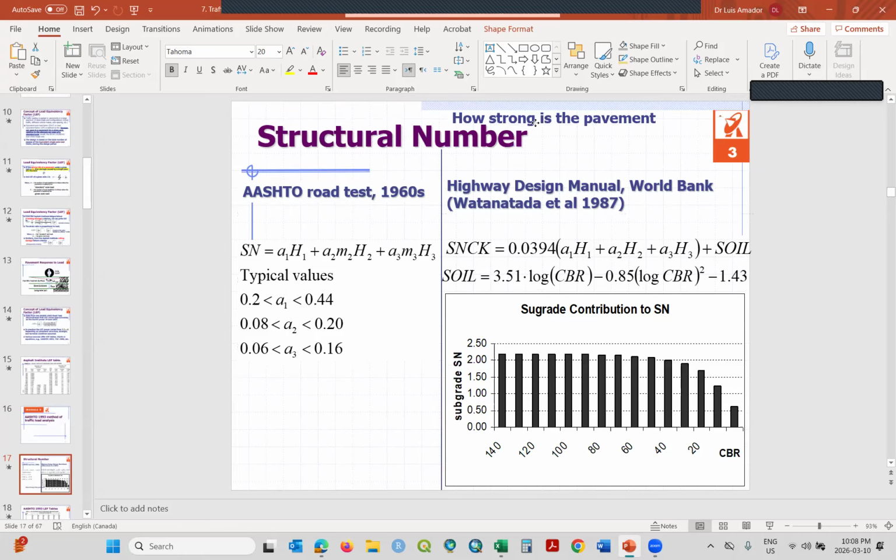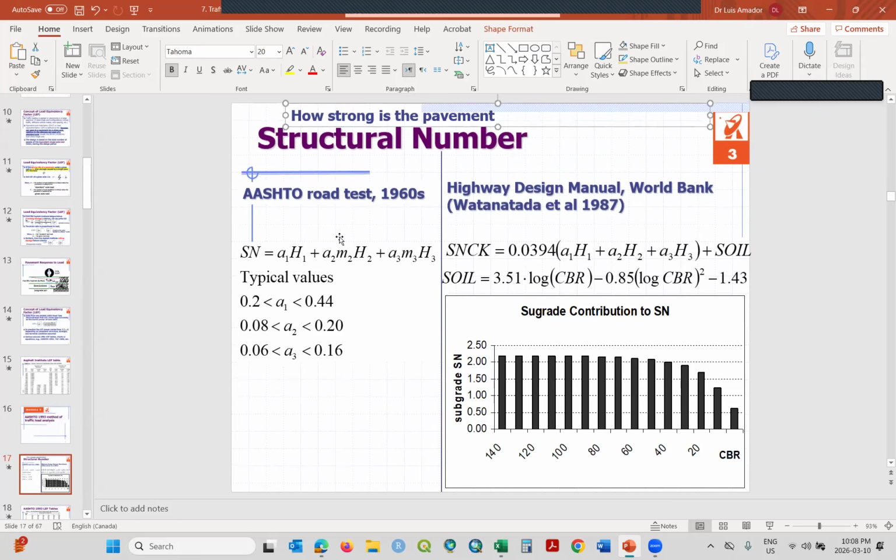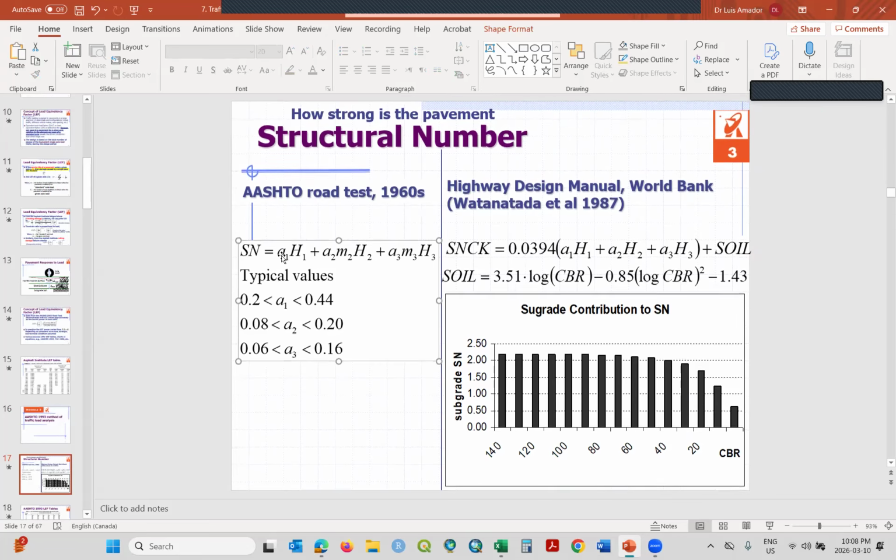Okay, so this is how strong the pavement is. That is the structural number. And it has a common equation based on the thickness of the layers and some coefficients associated to it.